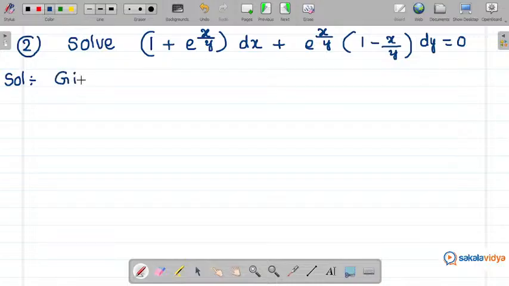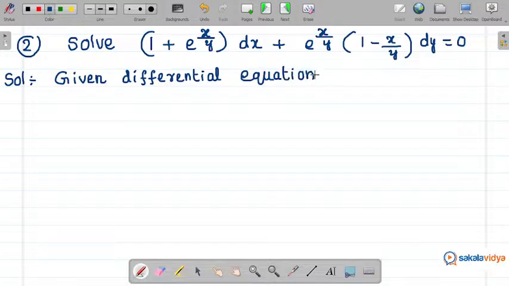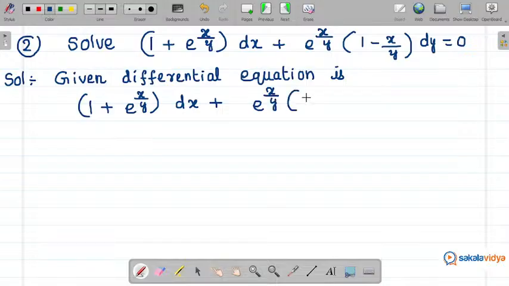So given differential equation: 1 plus e power x by y dx plus e power x by y into 1 minus x by y dy is equal to 0.